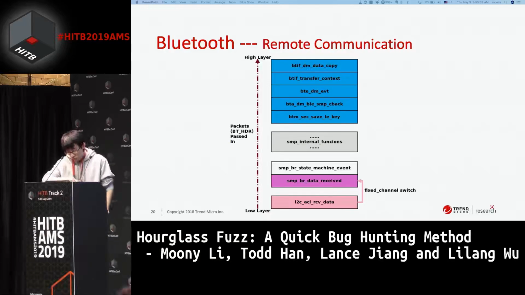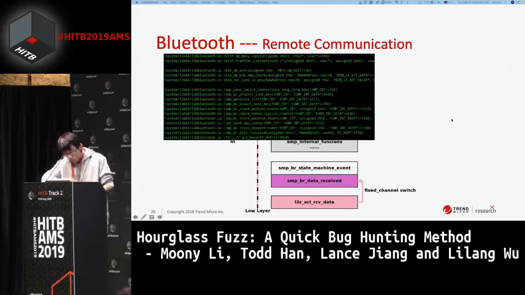This figure shows the call stack of processing the SMP packet. And due to we use two Bluetooth Low Energy devices, it's the SMP BR data related function that processes the packet.